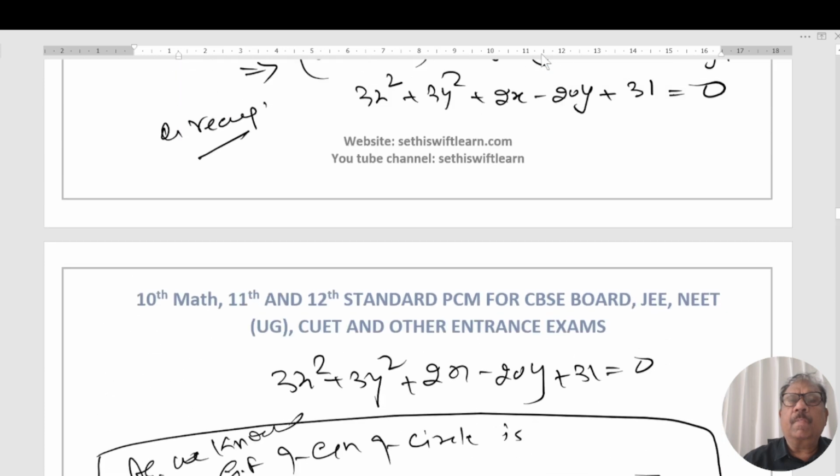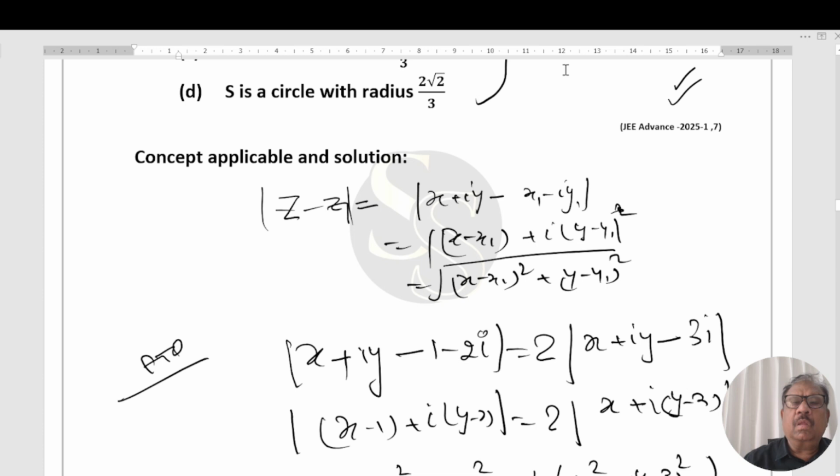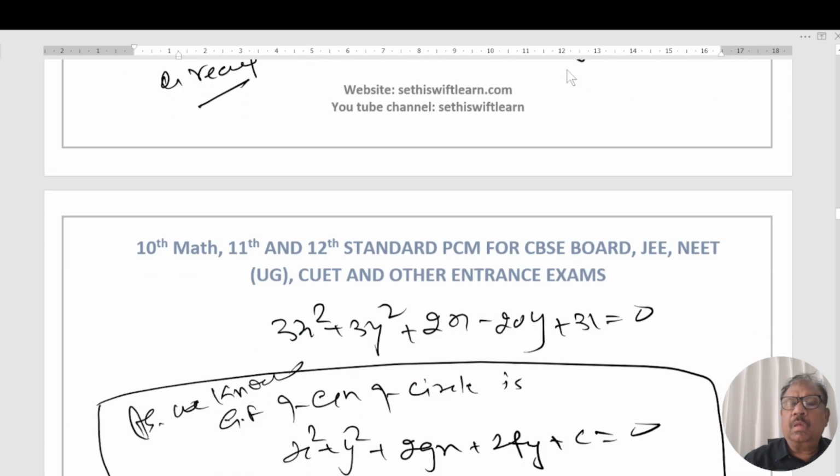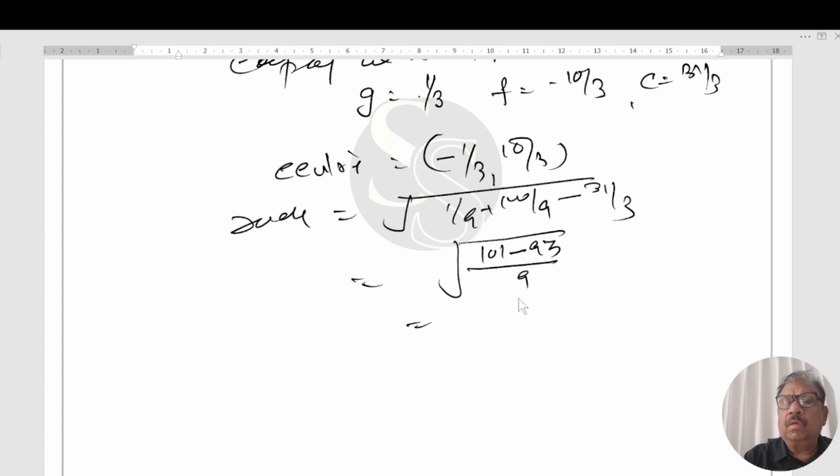What answer is coming? This comes out to be under root 8 upon 9, that is 2 root 2 by 3.